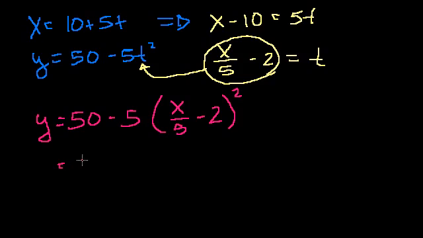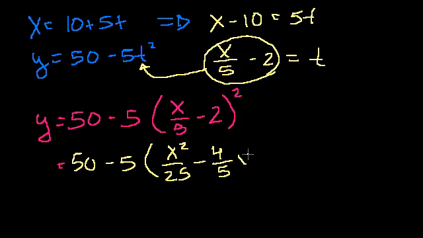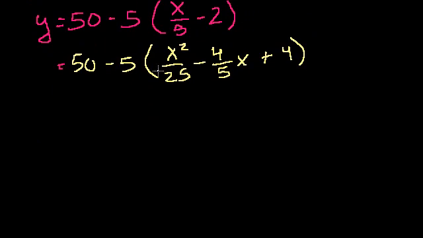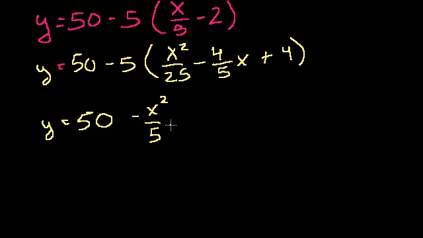So this is equal to 50 minus 5 times, this is x squared over 25 minus, let's see, 2/5, so it's 4/5 x plus 4. And then if you multiply, so this is a y out here, so you get y is equal to 50. And let's see, minus 5 times, minus 5 over 25 is minus 1/5. So minus x squared over 5. Minus 5 times minus 4/5, that's plus 4x.